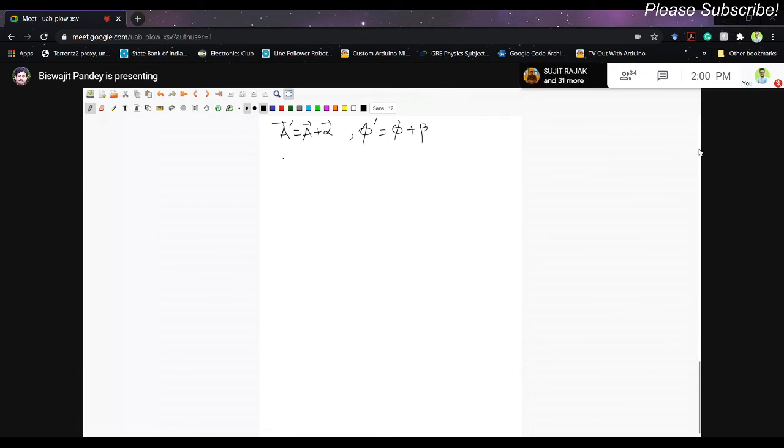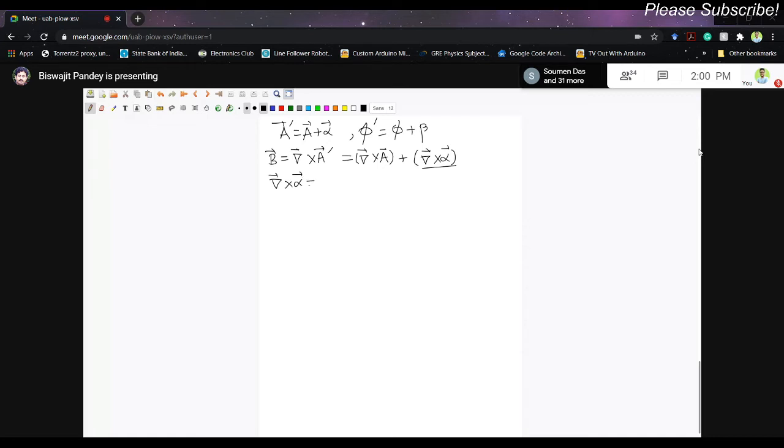What I claimed is that from B equal to the curl of A prime, we have the curl of A plus the curl of alpha, and this must be 0. Curl of alpha has to be 0. That is what I said earlier.